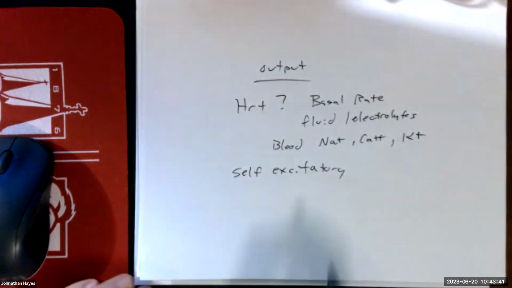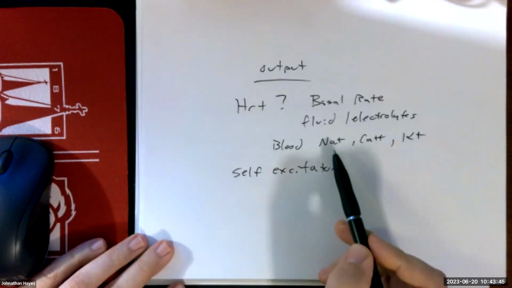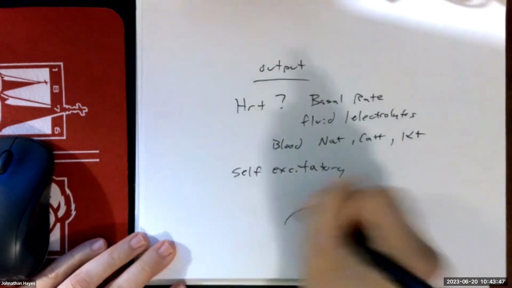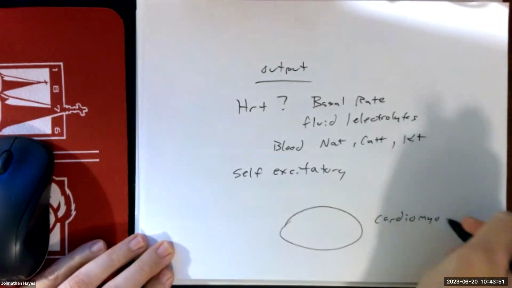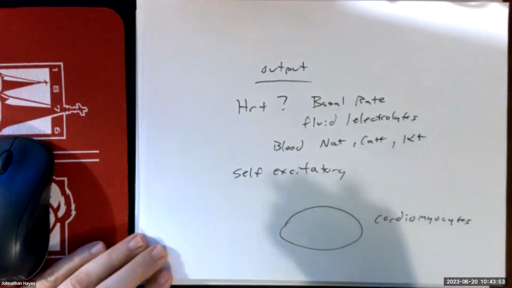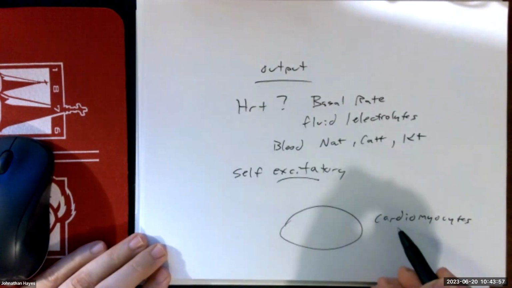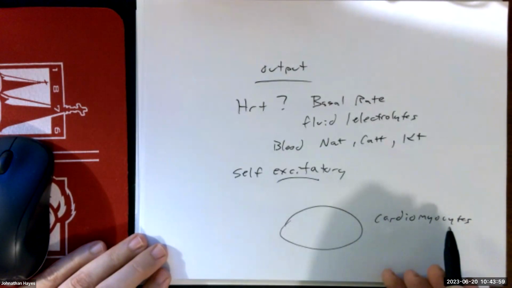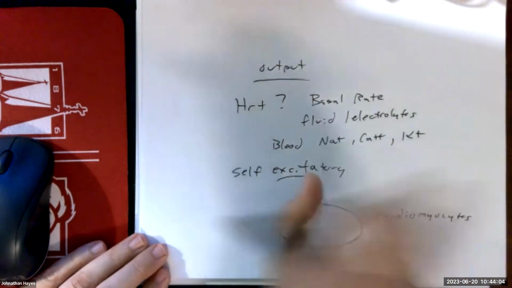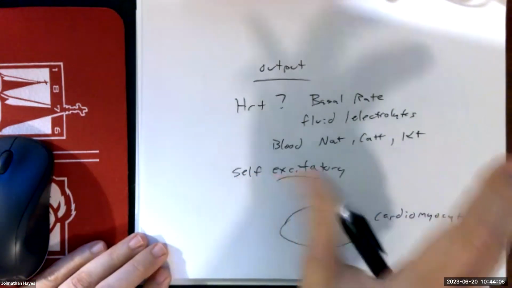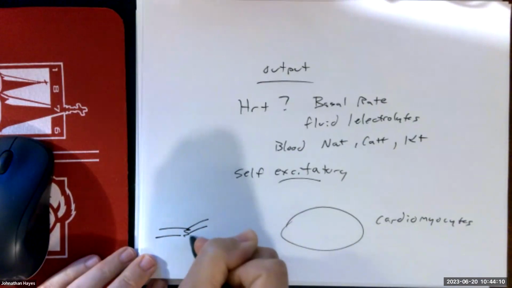right? So it's essentially the influx of sodium. Let's pretend this is a cardiomyocyte, an excitatory cardiomyocyte. An excitatory cardiomyocyte is a specialized heart cell that's going to generate an action potential, and that action potential is going to fire across heart cells, because cardiac muscle cells are interconnected.